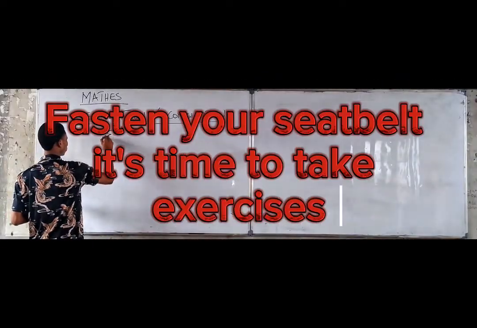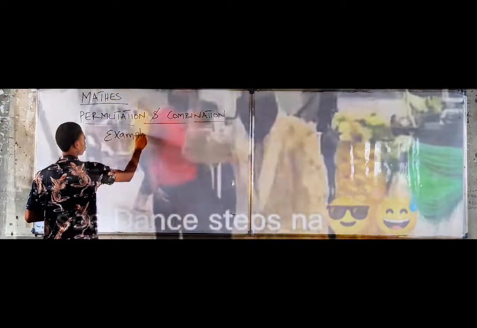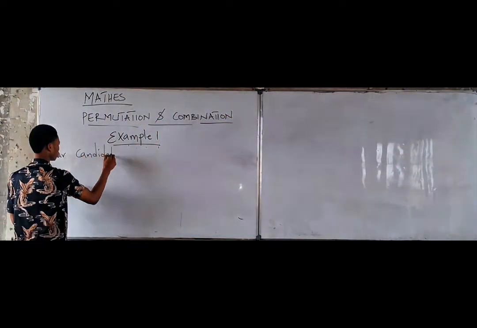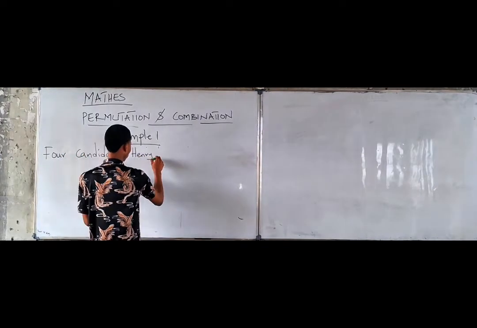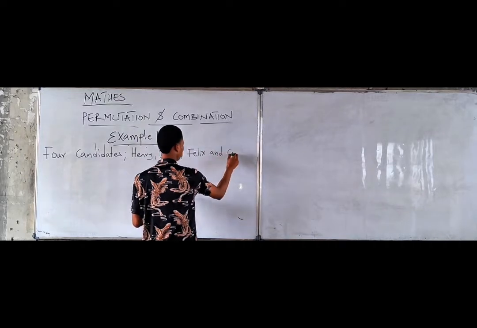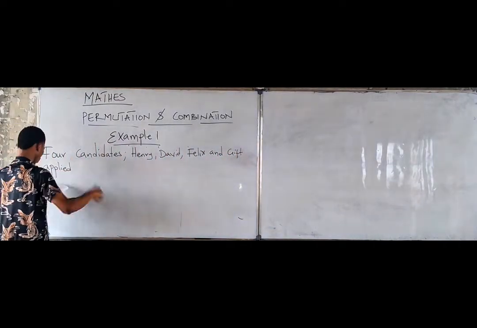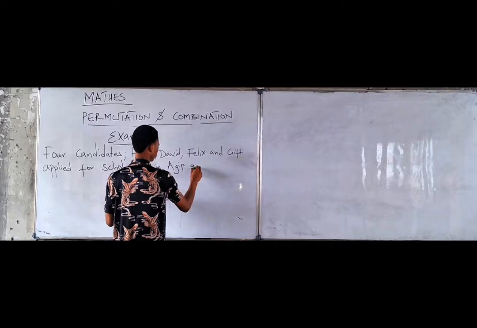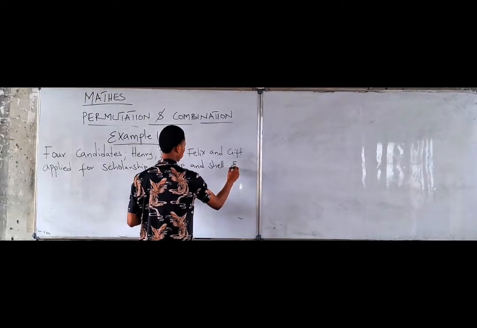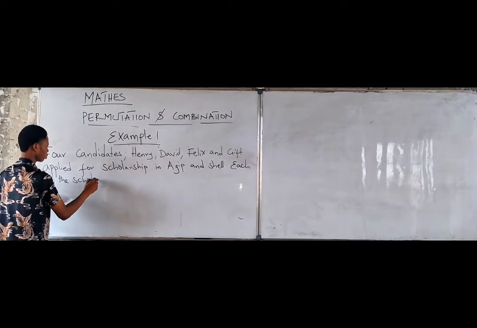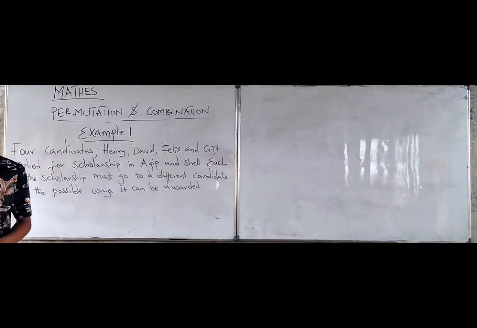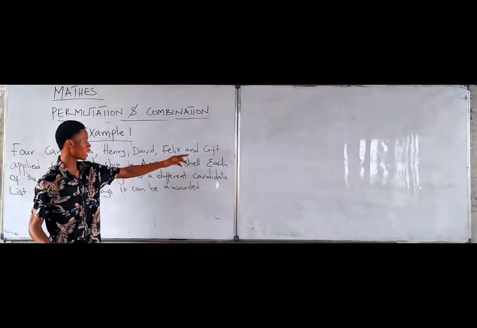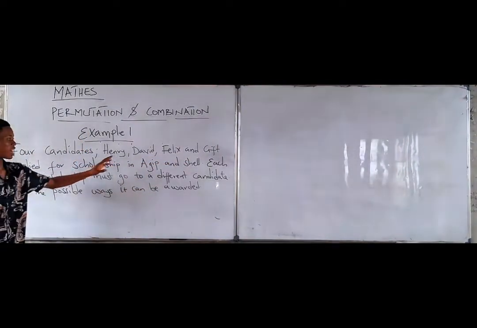Example 1. Can we solve that together? Now the question says 4 candidates, Henry, David, Felix and Gift, applied for scholarship in Ajib and Share.